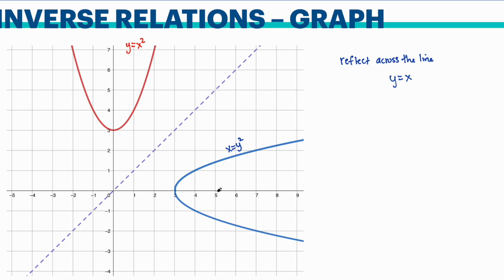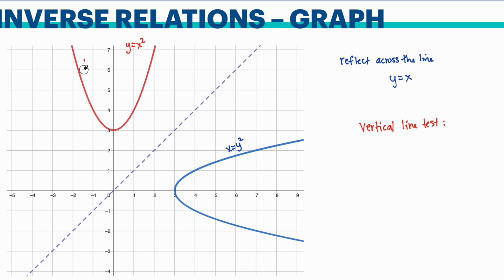Now, one thing you do have to realize is that when you take the inverse of a function, it may or may not be a function for the answer. You have learned that the vertical line test determines whether an expression is a function.